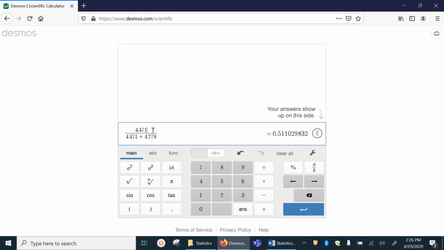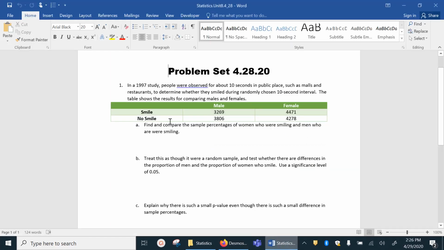Now I'm going to do the men. That's the number of people who did smile: 3269 over 3269 plus 3806. So 46%. Those are my percentages that I'm going to put in for this part.